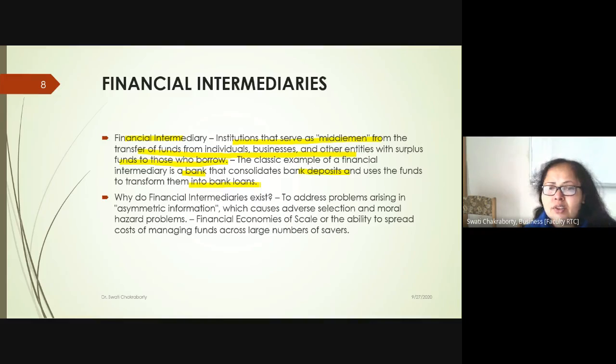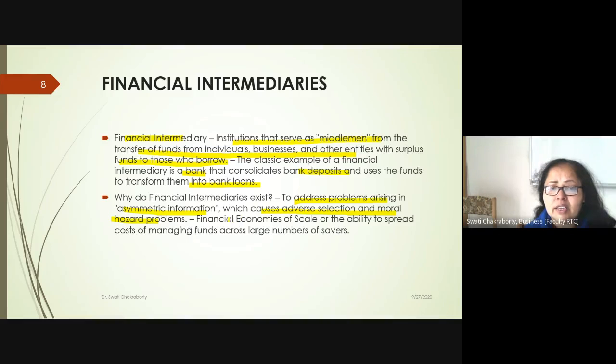So why do financial intermediaries exist? To address the problems which arise from asymmetric information, when buyers and sellers do not have the same information, which can result in adverse selection and moral hazard problems.